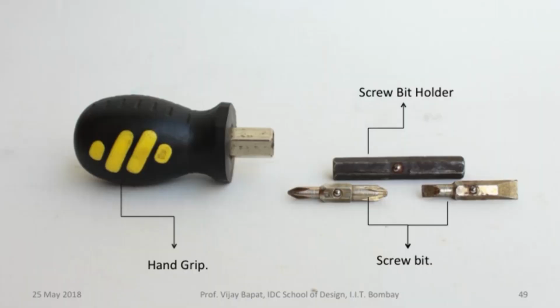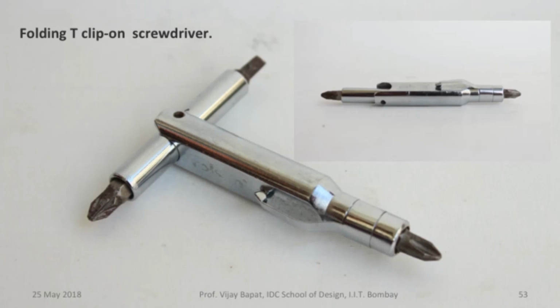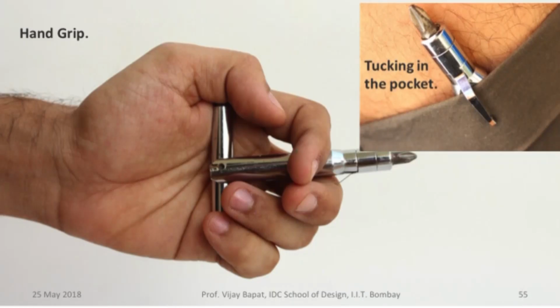This itself gives me 4 different options. I can change the bits. How about making a folding T? And I can carry it like a pen, no? Because there is a clip on.